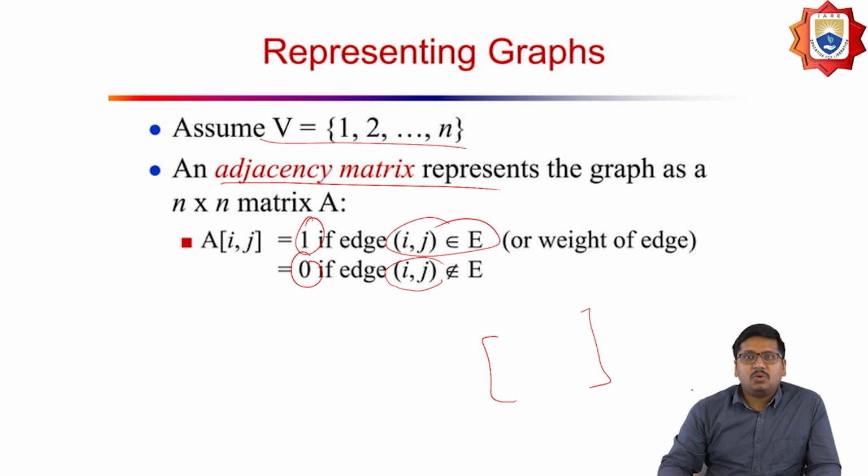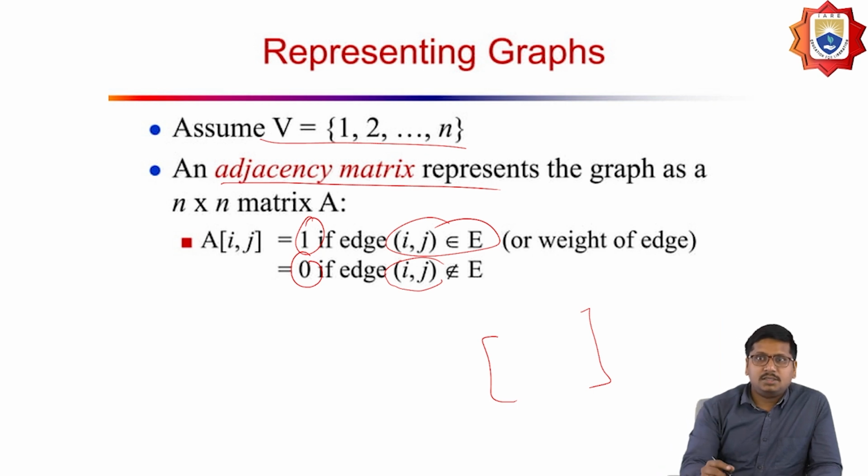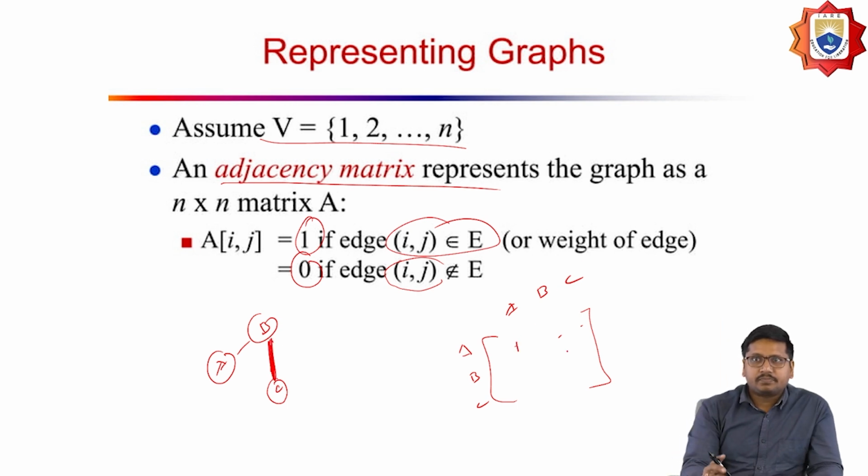This is what we call an adjacency matrix. Suppose this is a simple graph that I have drawn. Then the rows and columns would be the vertices, and the values should be either 1 or 0. It should be 1 if there is an edge between the two vertices.